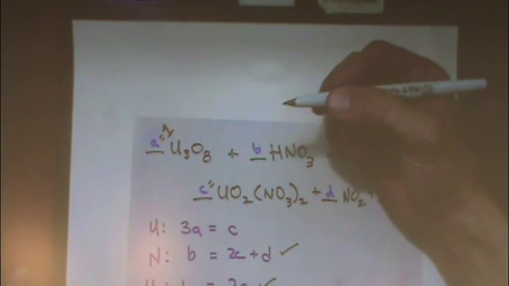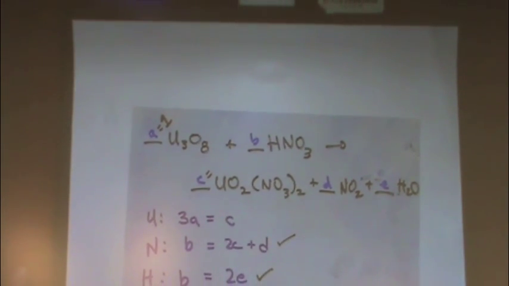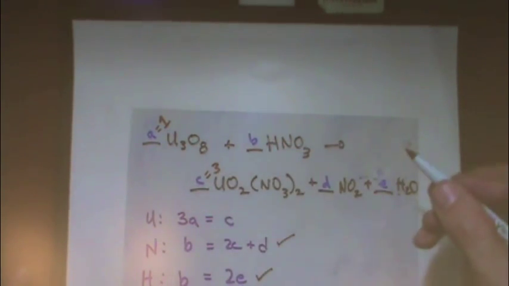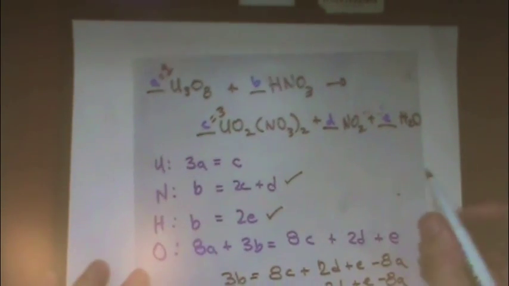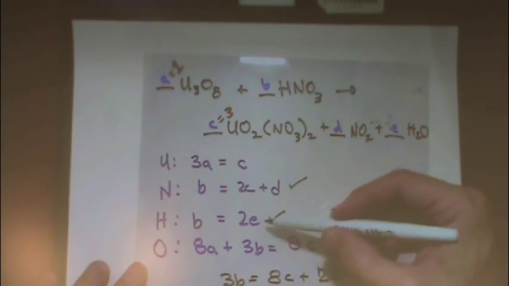If A is 1, and so C must be what? 3, right? Is that cool? Yeah. Okay, there's 3 on each side. Okay, so that means A is 1, C is 3. So what is E?